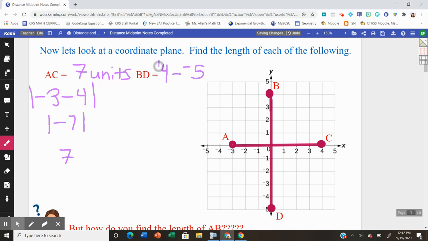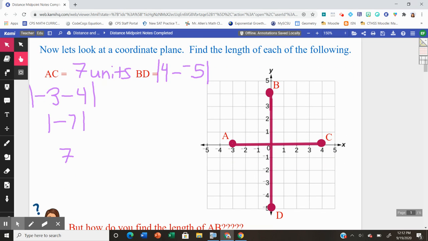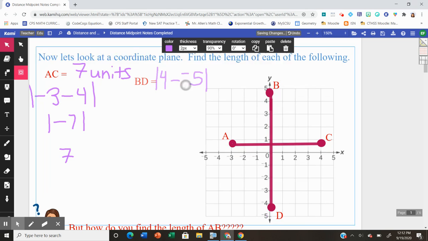Again, it's got to be the absolute value of that, right? Let me move this so we can put our final answer in that last spot there. And be careful when you're subtracting negative numbers.